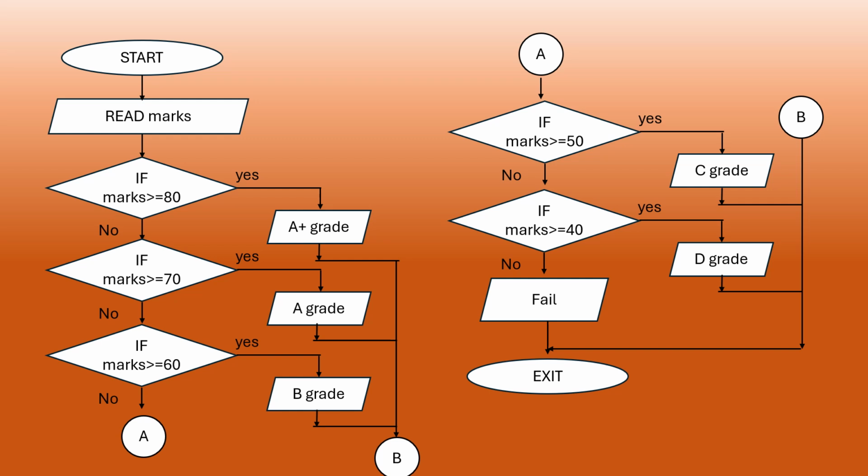And in this way, if none of the conditions are true, then obviously it will output a fail. And you can see that all the outputs that are connected to B are then proceeding towards the exit. So that was the connection towards the exit, where once you have output all the grades, whereas once you have no, then you will keep on testing until you arrive at a final output.